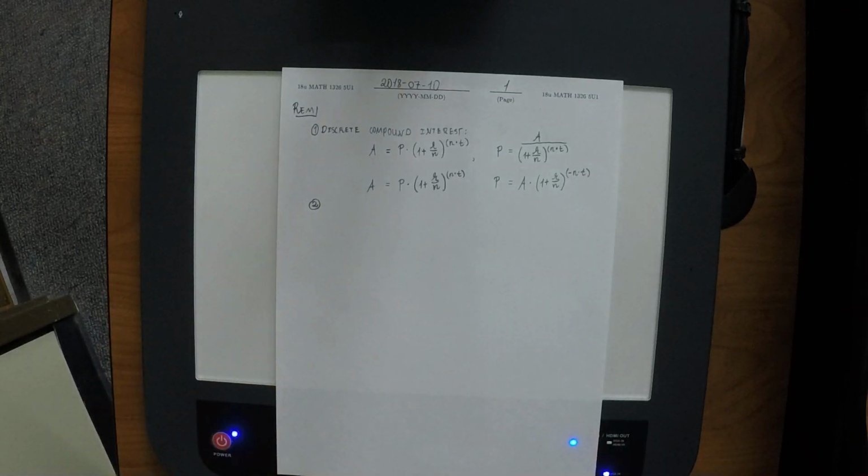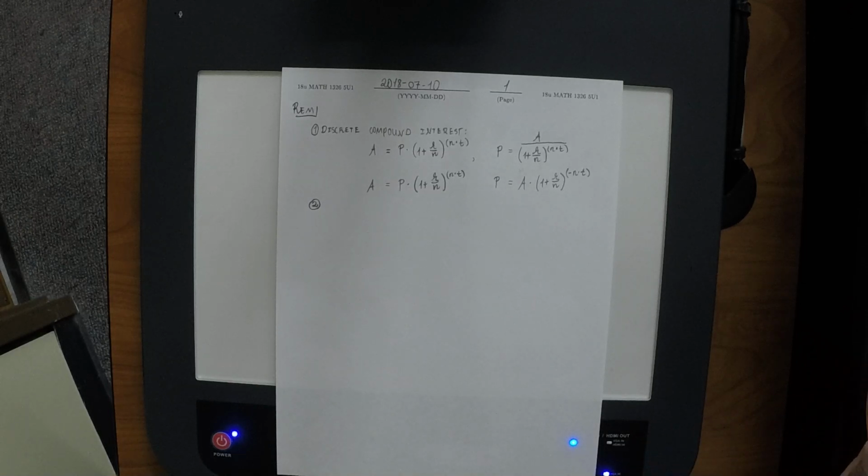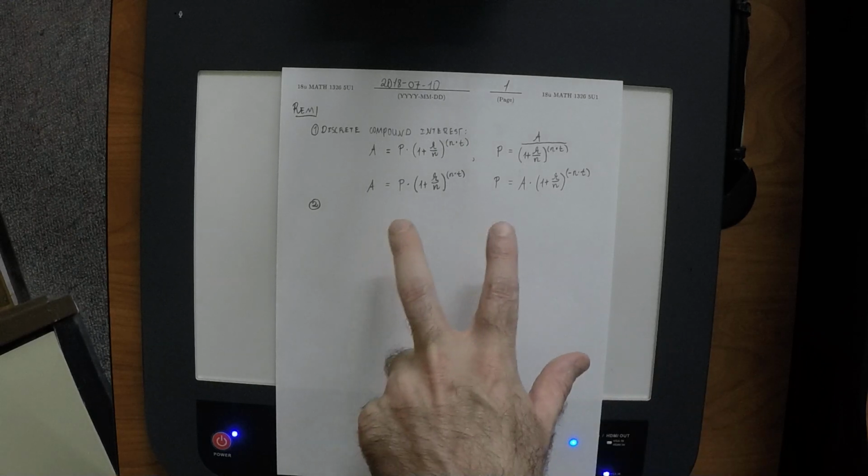The discrete case is the realistic case. That's the case where there's a real connection to reality, because when you have interest payments, those are compounded at discrete events, usually once a month, like on the 1st or the 15th or whatever. So that's what this represents.